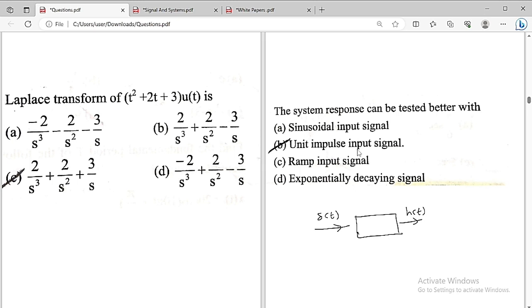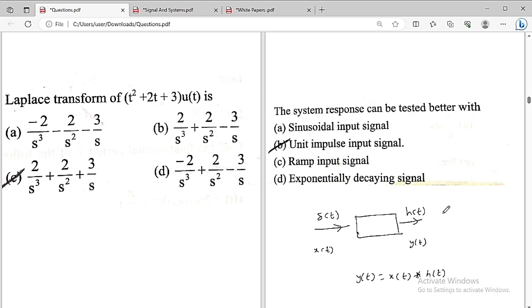If you know h of t, for any input you can get y of t. Suppose the input is x of t, then y of t is equal to x of t convolution h of t, as I already told you. If you know h of t, no matter whatever the input, just by doing a convolution, we can get the value of y of t.